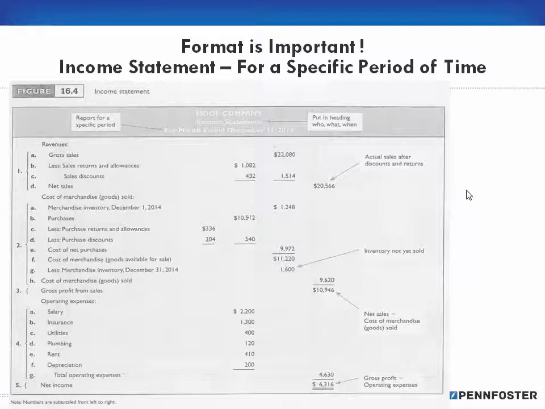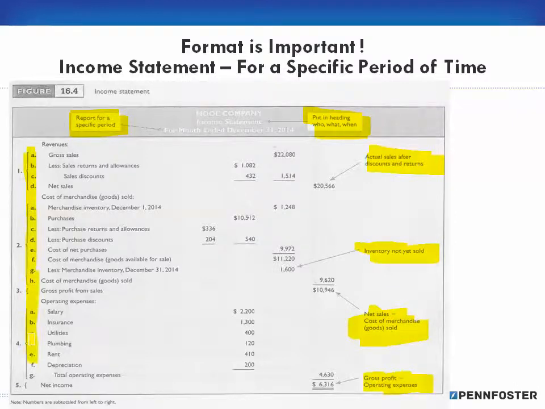Okay. Now, again, I'm going to highlight here. When you're looking at an income statement, you're not going to see these notes right here or any of the notes over here. And you're not going to see these references here, okay? Remember, these references were just for when you're reading the textbook in order for you to be able to follow along and know what they're talking about, all right?